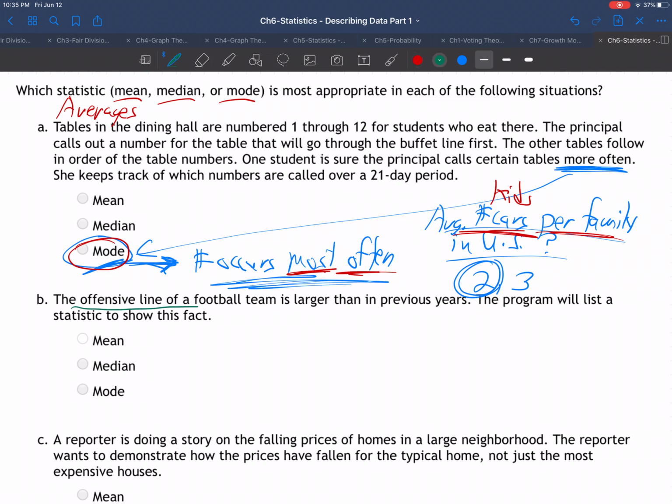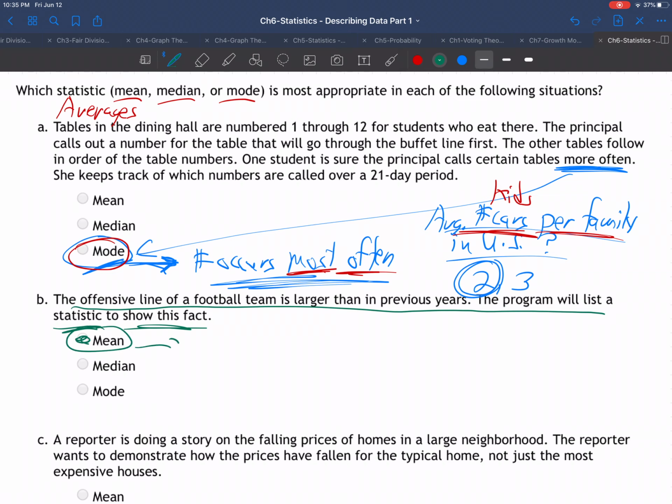The offensive line of a football team is larger than previous years. The program will list a statistic to show it. So what's going to be the best kind of average to show the average weight of the offensive line on the football team? That's going to be mean.